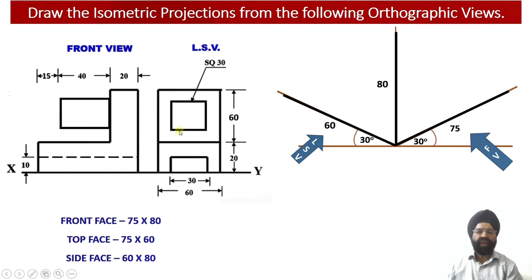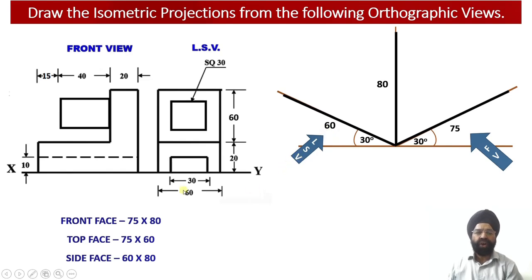Now in these orthographic projections, since we have been provided with the left side view projections which have been drawn on the right hand side of the front view projections over here, we have to look at the solid from the left hand side. So this is why the left face of this isometric construction will be involved with the left hand side view of the solid.